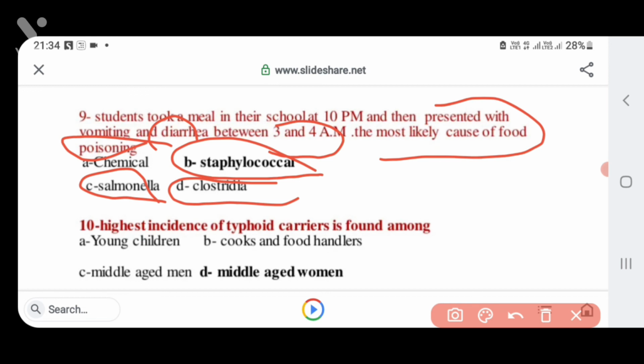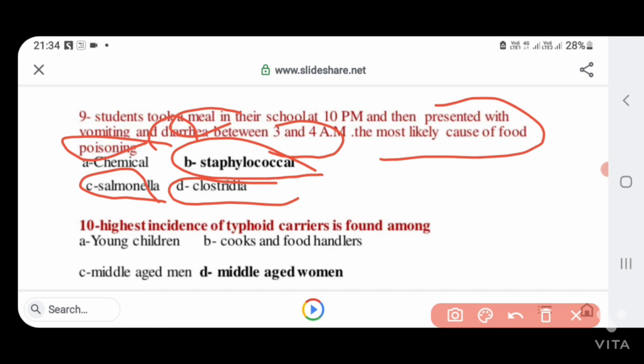Okay. One more question, highest incidence of typhoid carriers is found among whom? This is middle aged women. See, who is a carrier? A carrier is a person who keeps the microorganisms within the body, but is unaffected.